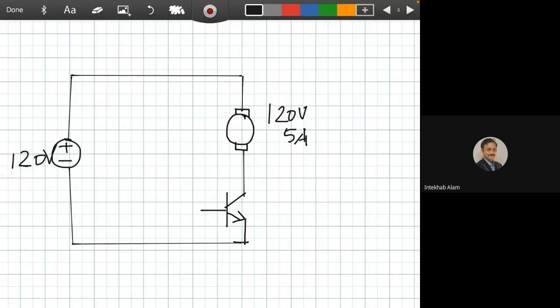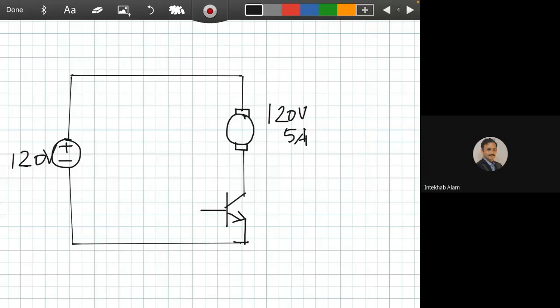If we want to use the motor at half rated or nearly full, then we need to control the duty cycle. Okay, we need to switch this motor on and off.